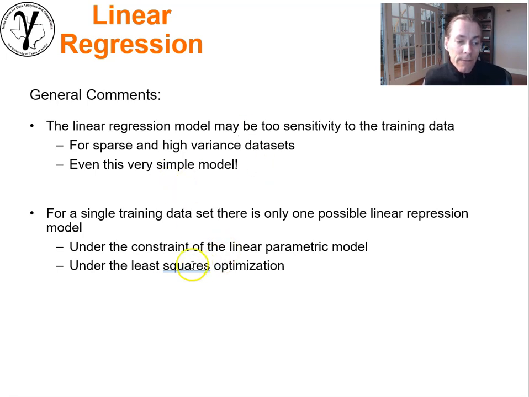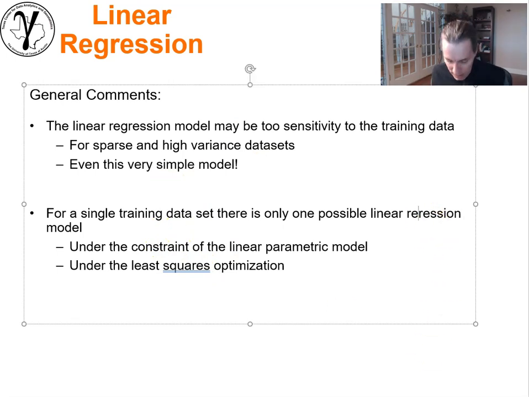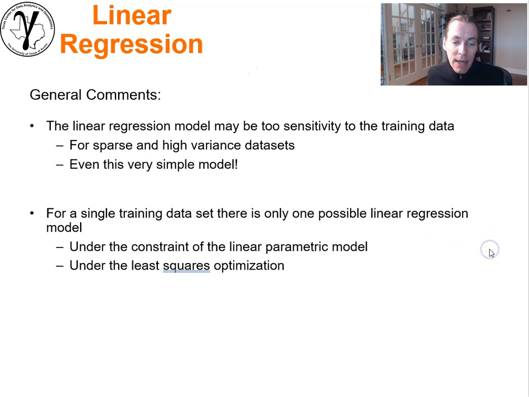For a single training data set, there's only one possible linear regression model. In fact, when we build a linear regression model, we don't have any dials to turn. We're just going to get one single set of possible parameters that we can train for a given data set. So this is interesting.